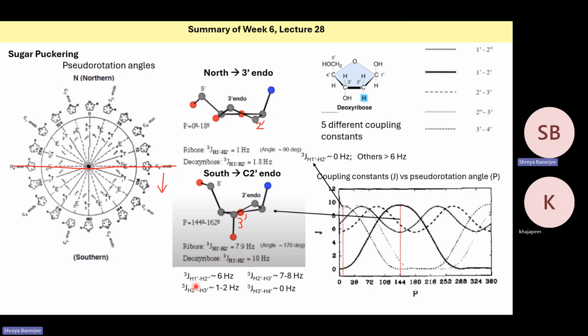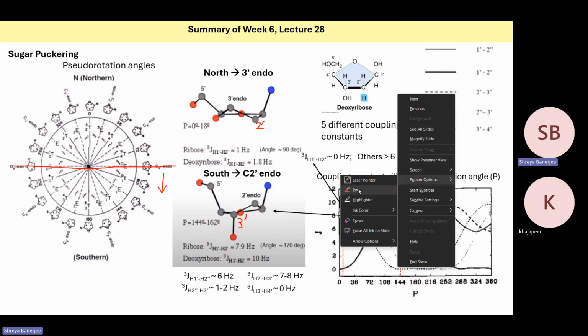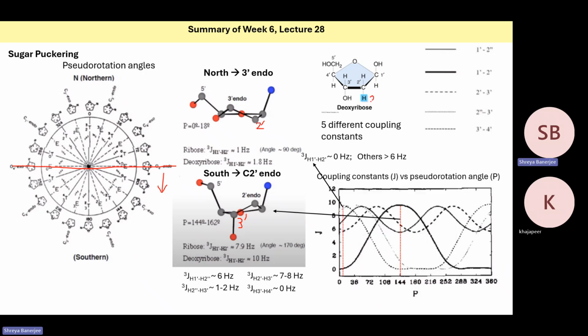Then between 1 prime and 2 double prime, imagine that this is 2 prime, this is 2 double prime. So 1 prime with 2 prime is around 10 hertz. 1 prime with 2 double prime is around 6 hertz.